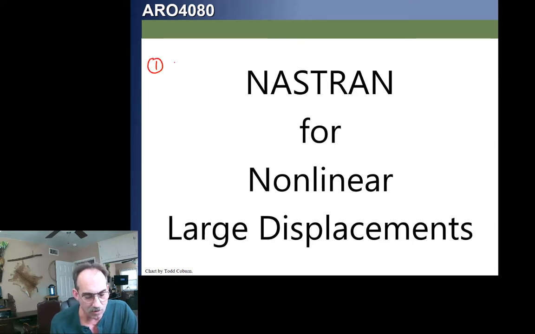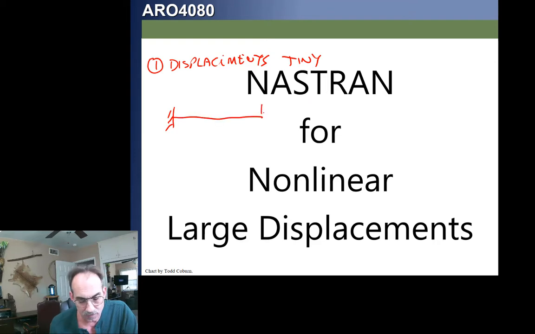One of them is that our displacements are tiny. That means if we have a beam like this and we apply a load, it hardly moves.